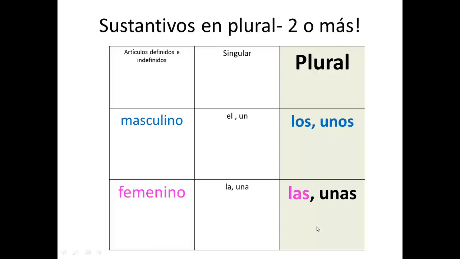And as you can tell, the column of plural is the one that's highlighted because that's what we're focusing on. So, singular masculino, we've got el or un. En plural masculino, we've got los or unos, and those would be our artículos definidos. And en singular femenino, la o una. En plural femenino, las o unas, and that would be our indefinido.